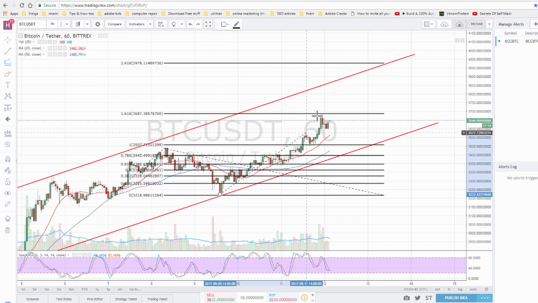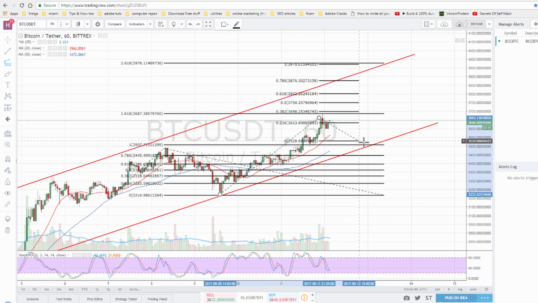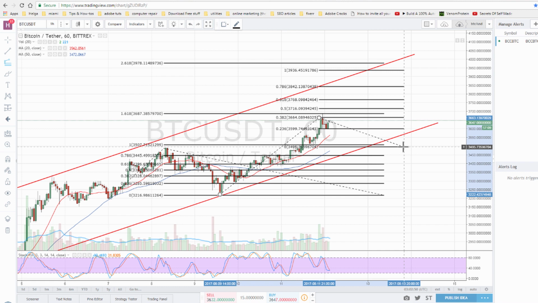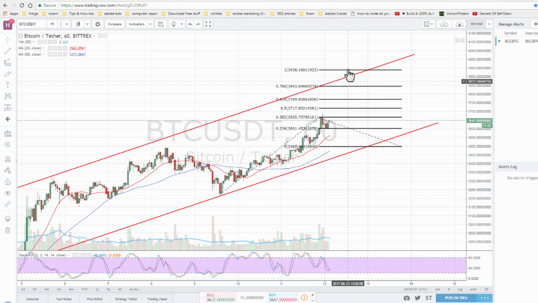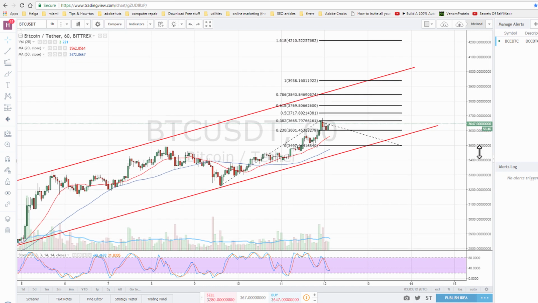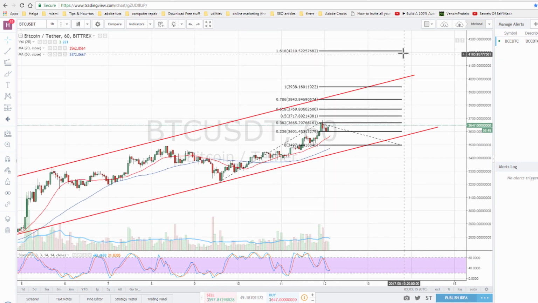So from point A to point B and down to 3,500 would be point C. Let me delete the old one. And this would be what we could expect. It would go up in these steps again, and this level would be 3,940, and then the next one up, the 618, is at 4,200.